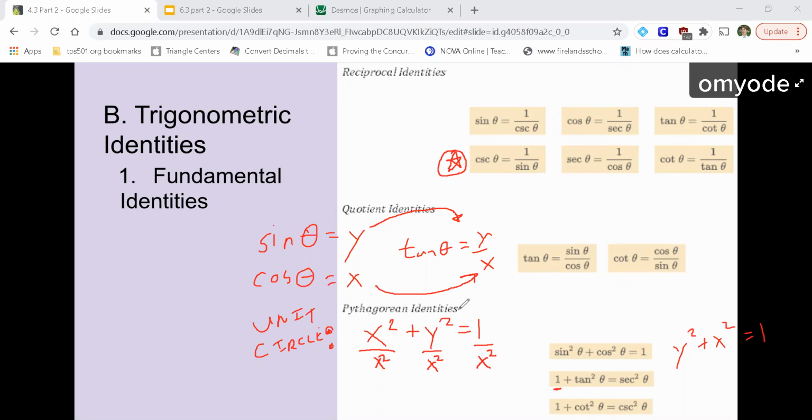Y divided by x is tangent, so y squared divided by x squared would be tangent squared. One divided by x is the reciprocal of cosine, which is secant. So 1 divided by x squared would be secant squared.